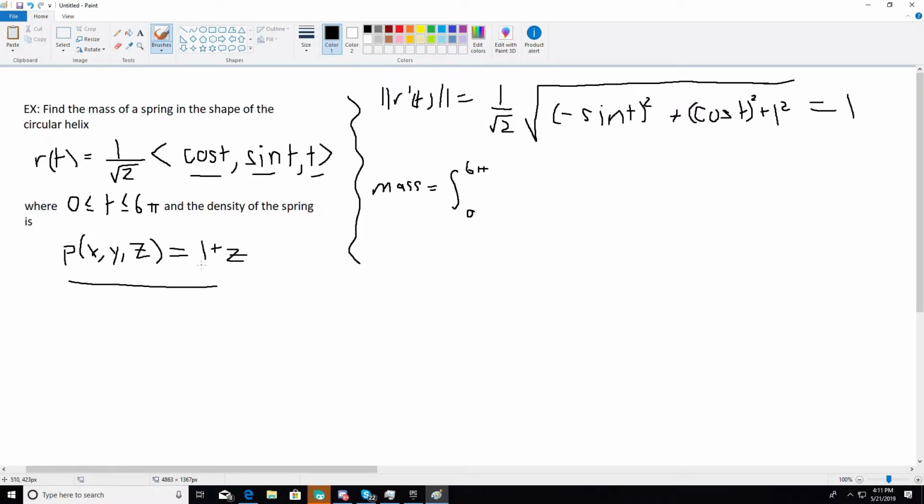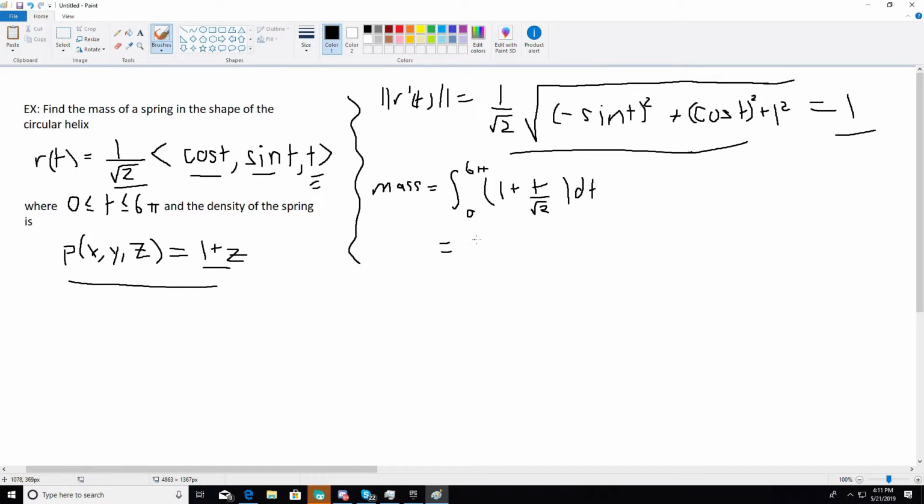And then we're going to use this function right here, 1 plus, and we don't want to put z, we need to replace z with its parameterized form, which is over here, which is t, but you don't want to forget the multiplier in front of the vector, so it's actually t over rad 2. And this is times dt. And the reason why there's not like this big thing up here is because it just ended up equaling 1, so you don't have to worry about it.